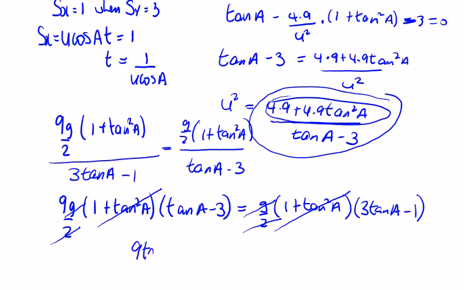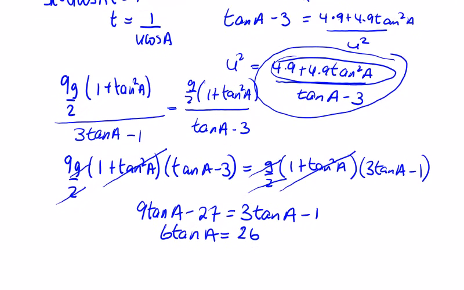So 9 tan a minus 27 equals, on the right, 3 tan a minus 1. We're getting close here. So 9 tan a minus 3 tan a, 6 tan a equals 27 minus 1, which is 26. So tan a is equal to 26 over 6, which is 13 over 3.